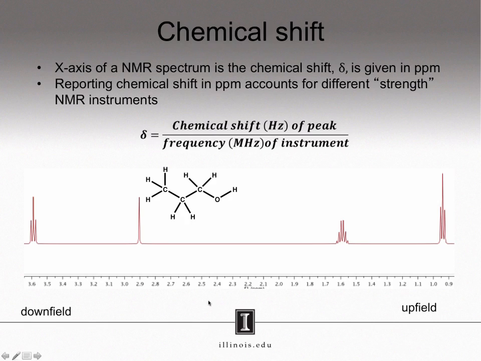Why use such a strange unit? The reason we use ppm instead of other units such as hertz is because NMR spectrometers come in various strengths. It would be very inconvenient to have to use a different unit for every different strength of spectrometer. By using ppm, we allow all NMR spectra to use the same units, regardless of the strength of the spectrometer.